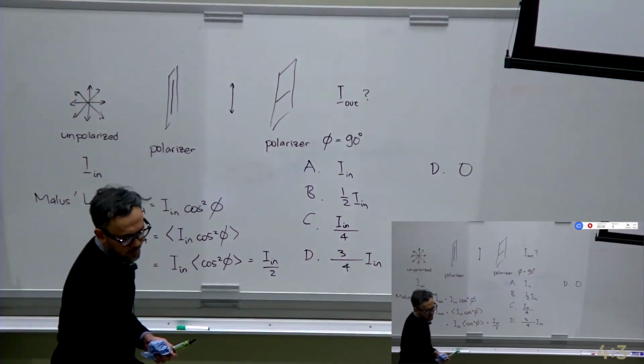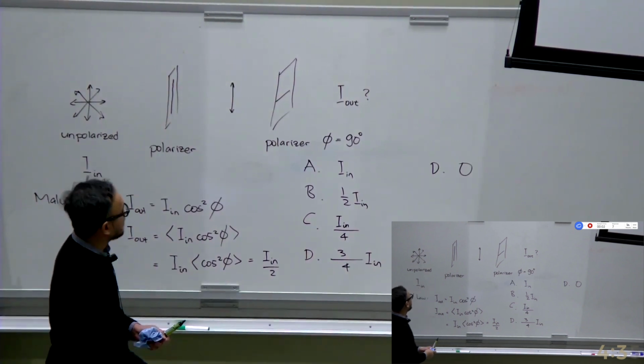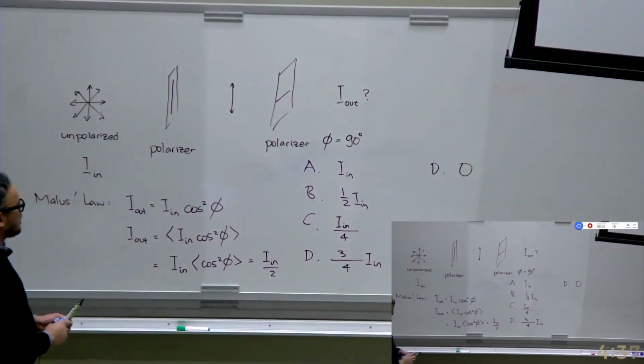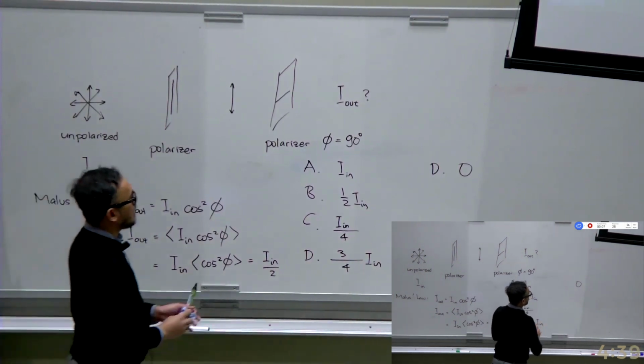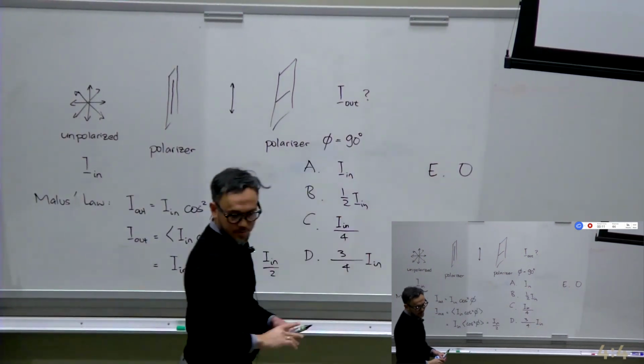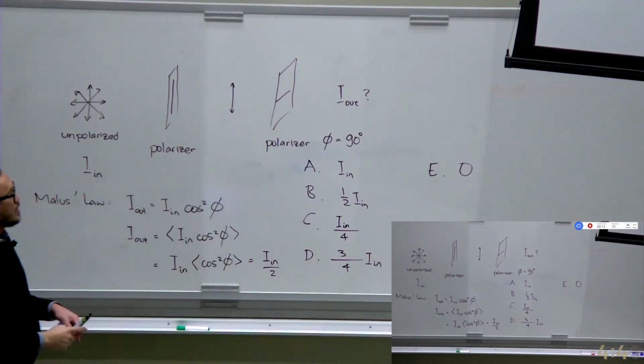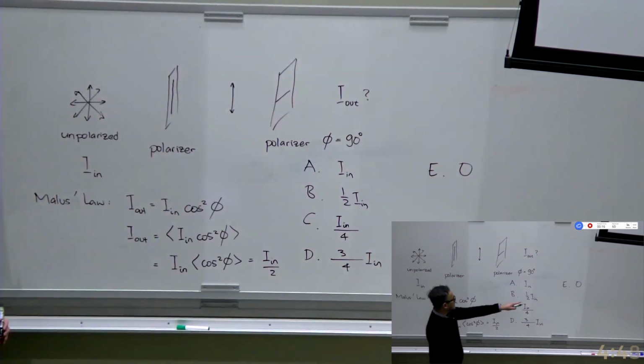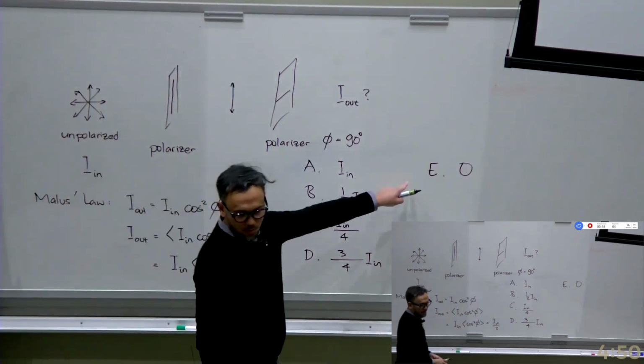One. Which one? Ah, sorry. Yeah, thank you. So this is the problem, not the one on your iClicker. So option E is 0.